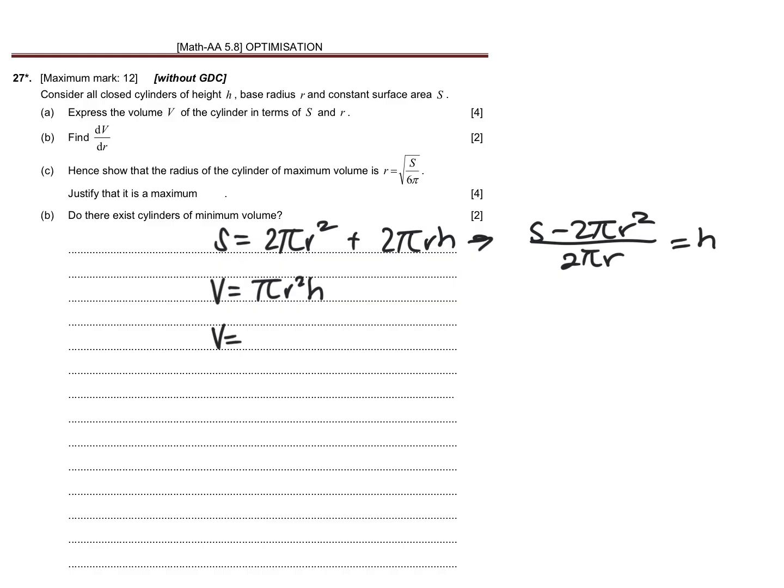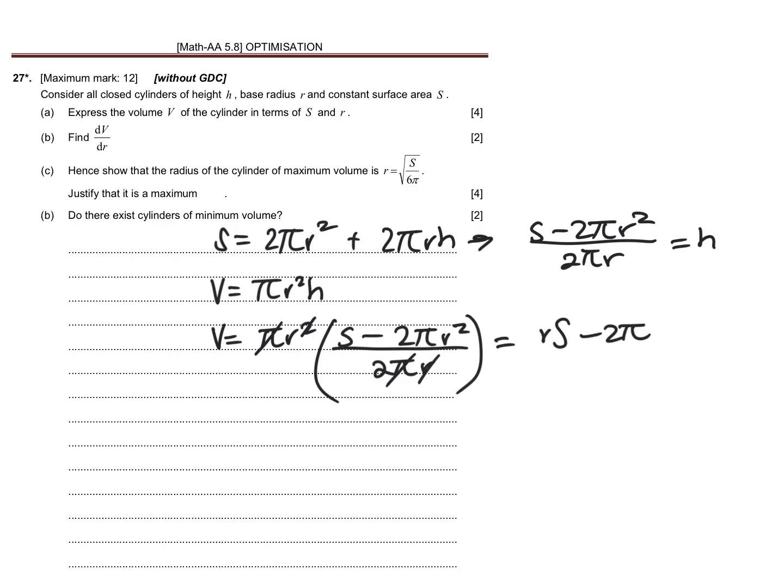So now we have V is pi r squared times S minus 2 pi r squared over 2 pi r. And the pi's will cancel. One of the r's will cancel. So if we distribute the r, we're going to have rS minus 2 pi r cubed, and each of these is over 2.